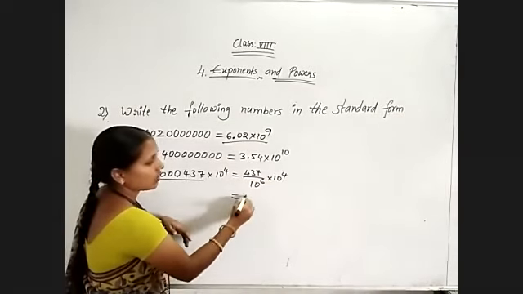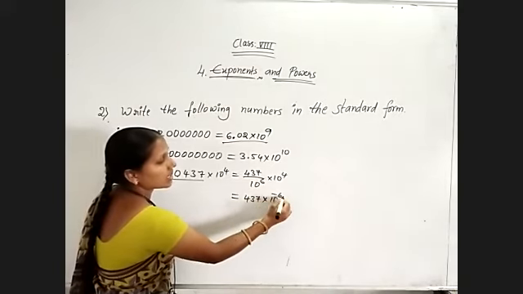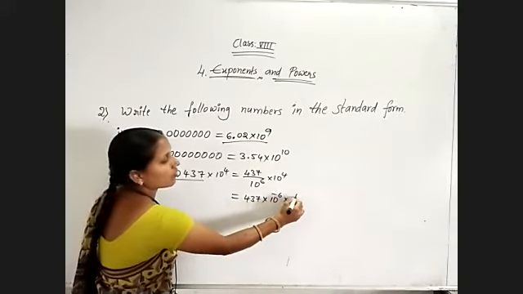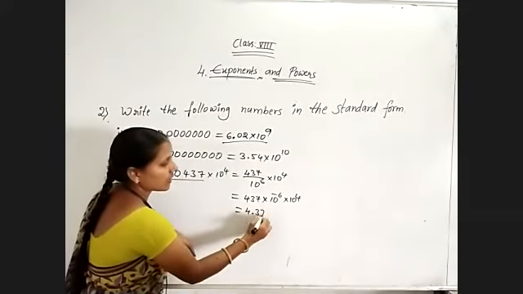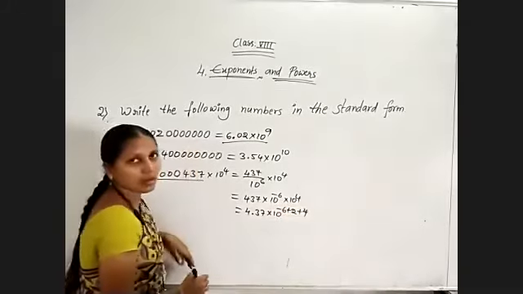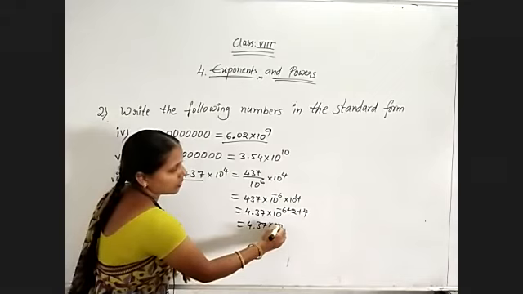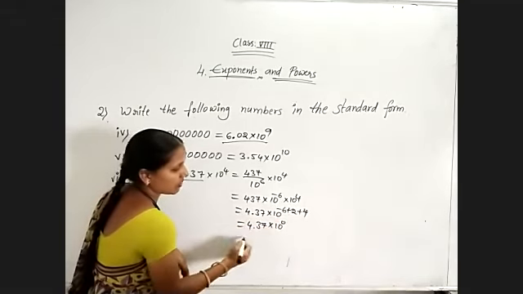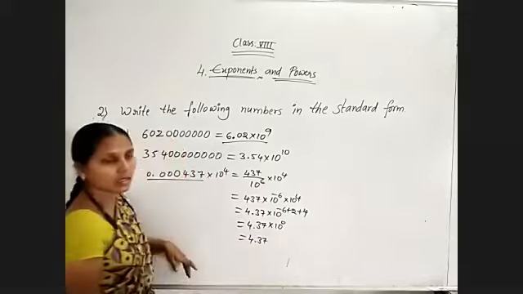That is 437 into 10 power minus 6 into 10 power 4. Okay, so that is 4.37 into 10 power minus 6. Here 2 digits I have added, plus 2, plus here 4 is there. So that is 4.37 into 10 power minus 6 plus 6, which is 0. 10 power 0 is 1 itself. 4.37 into 1. That's all.